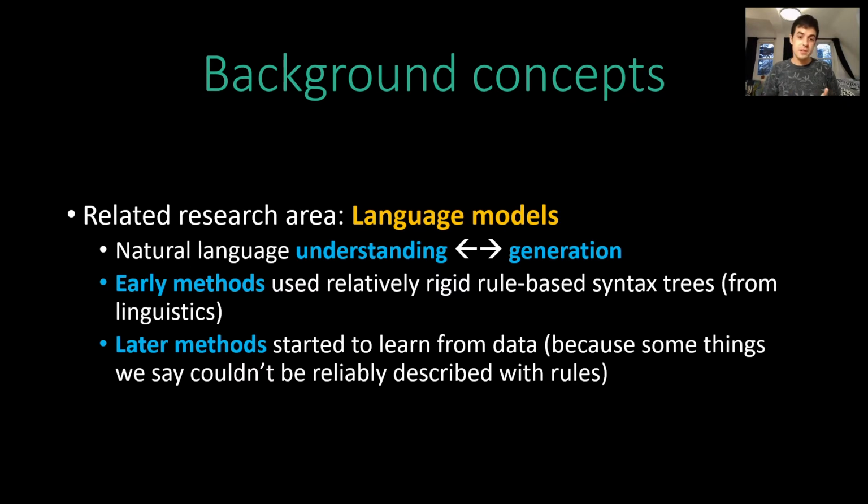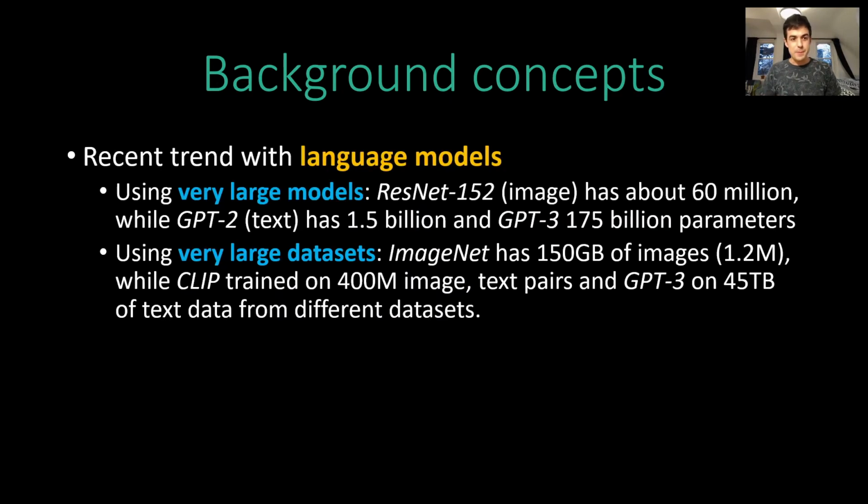And so later methods, especially with deep learning becoming more of a topic, started to learn the rules about language from data. So the recent trends with these language models are about using very large models and very large datasets.